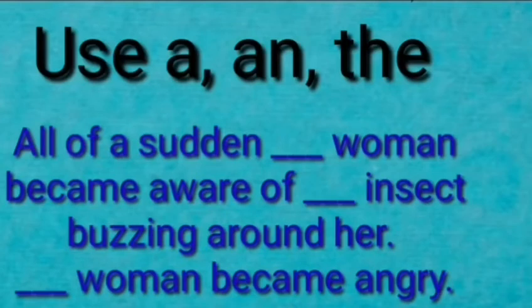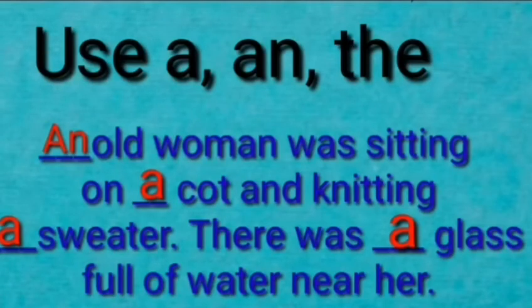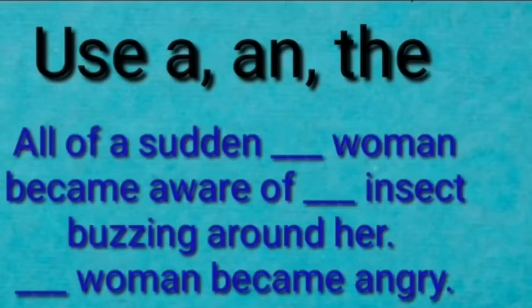So let us see. All of a sudden, dash woman became aware of dash insect buzzing around her. Dash woman became angry. Now, in the previous one, we saw woman was there, an old woman, and then again woman is repeated second time.